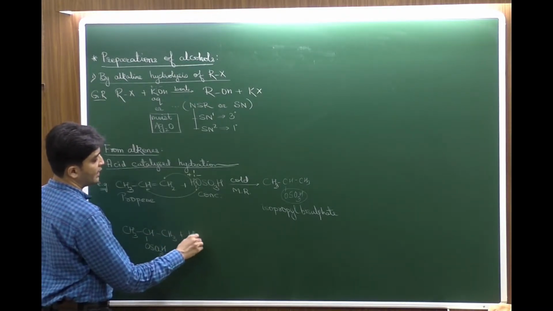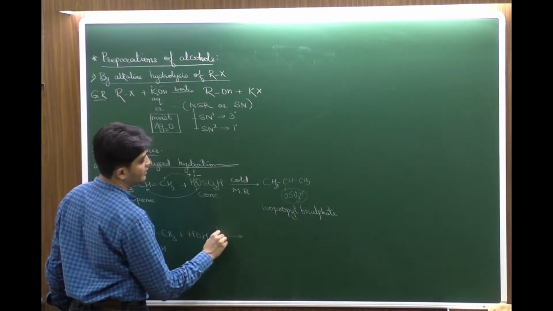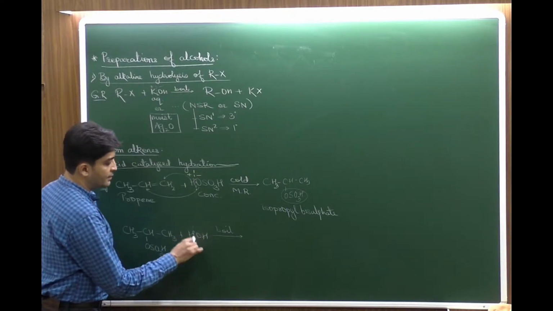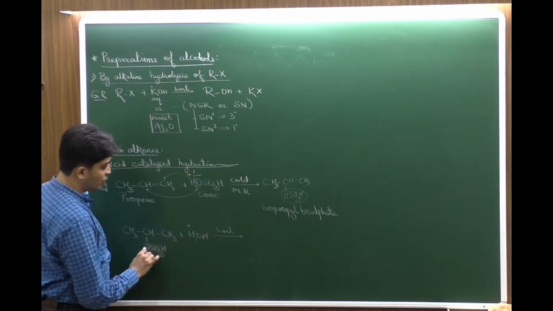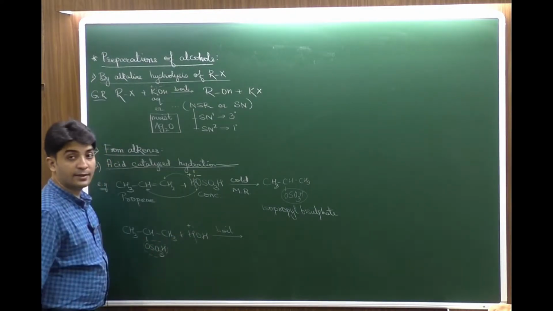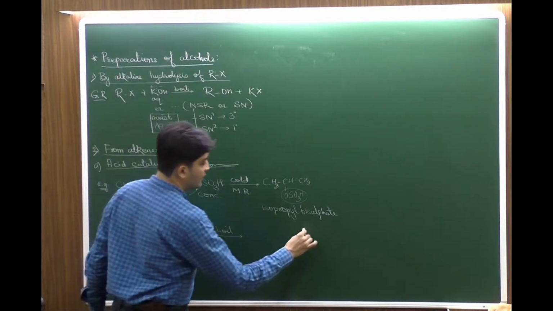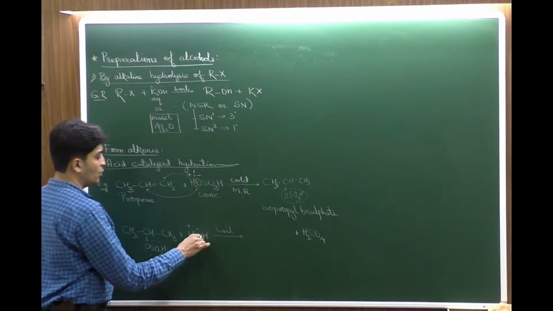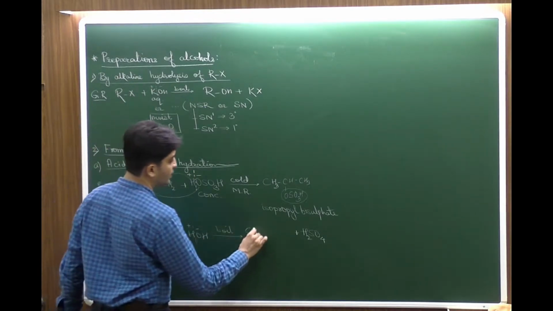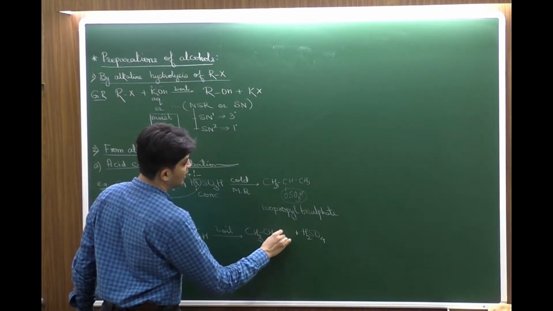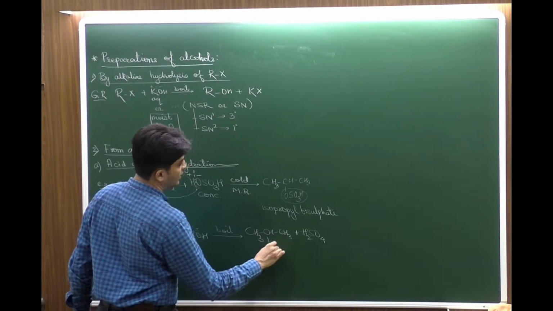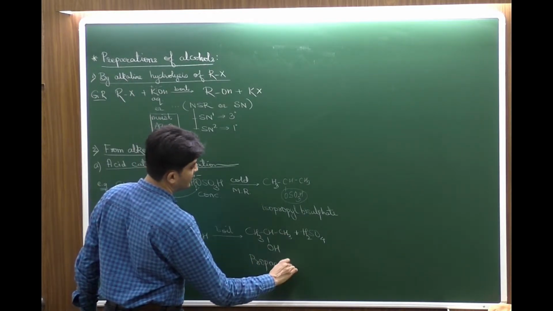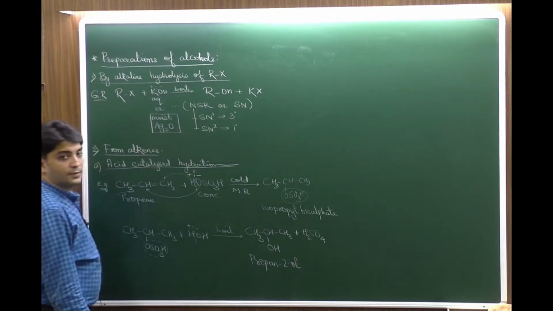That means added with HOH and the solution is to be boiled. On boiling, this H plus takes away the OSO3H to regenerate sulfuric acid. Hence the H2SO4 is regenerated, plus the OH will be substituting this group, giving you an alcohol, and that's the secondary alcohol, isopropyl alcohol or IUPAC, propan-2-ol.